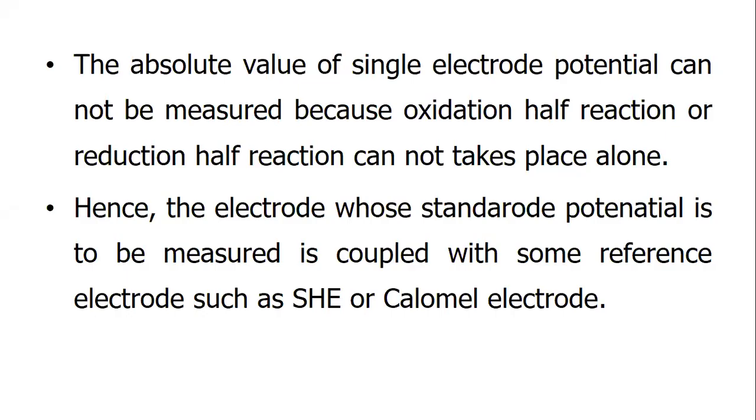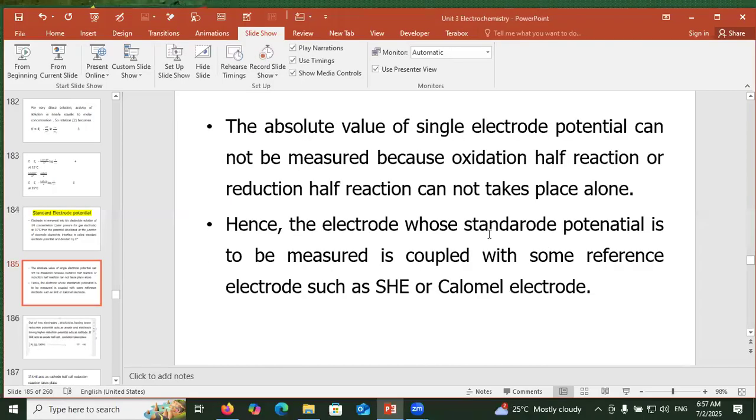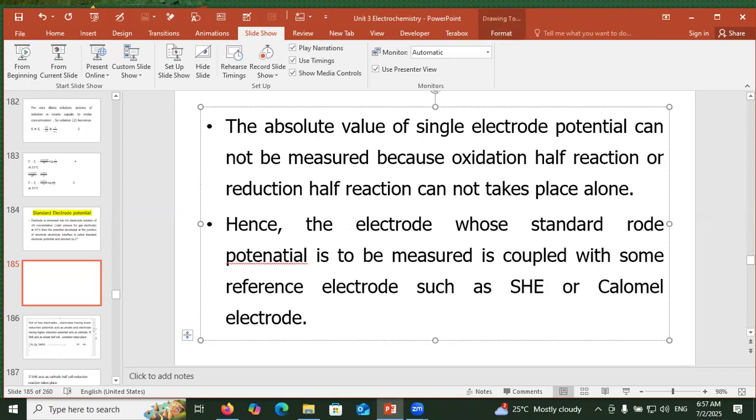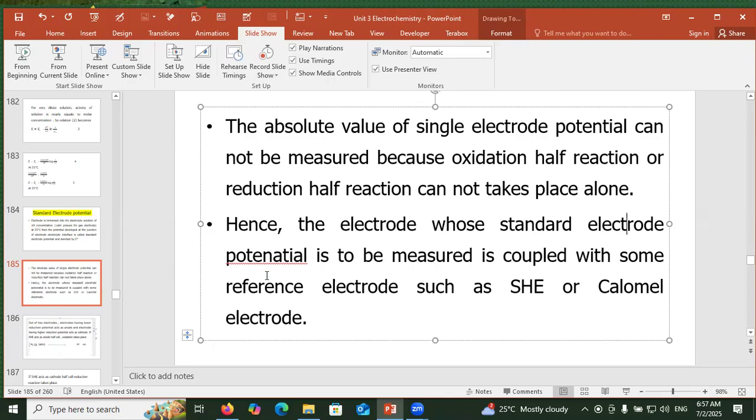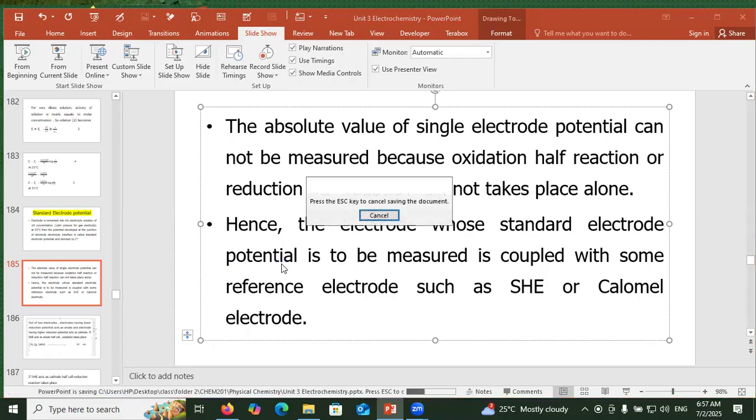Hence the standard electrode potential is measured by coupling with a reference electrode such as the standard hydrogen electrode or calomel electrode.